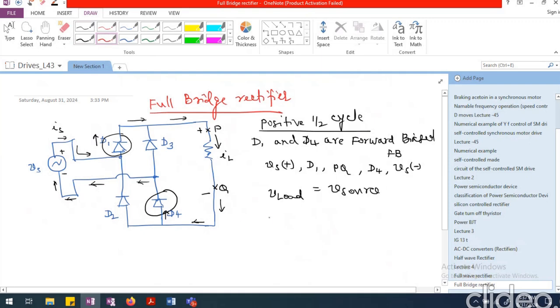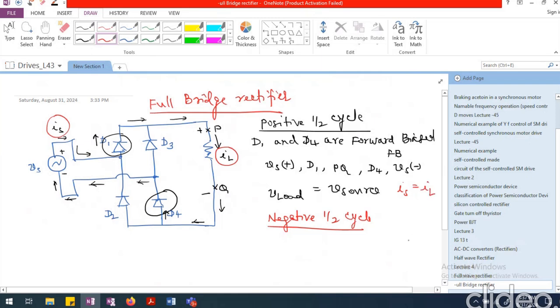Because the same current IS is flowing through the load as well, we will have IS equal to IL.